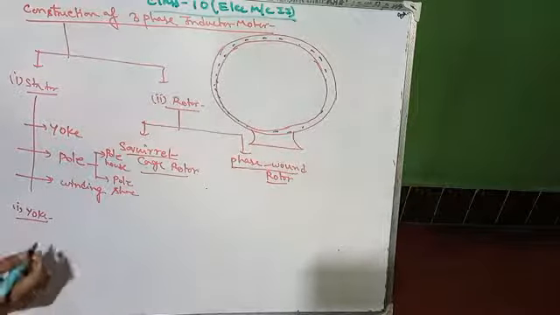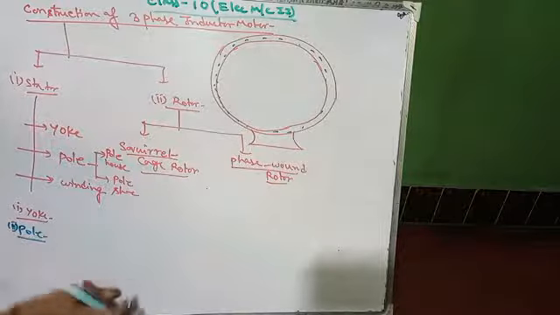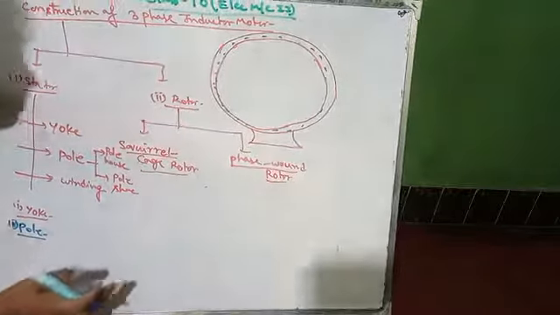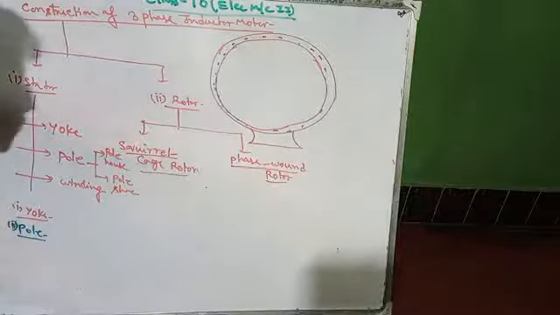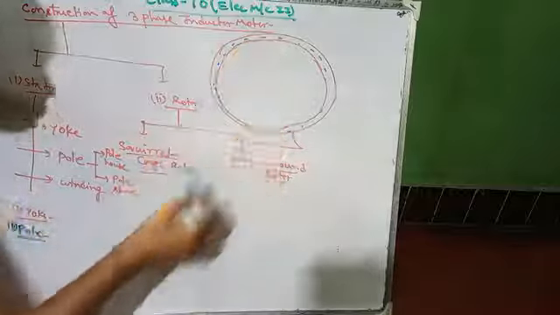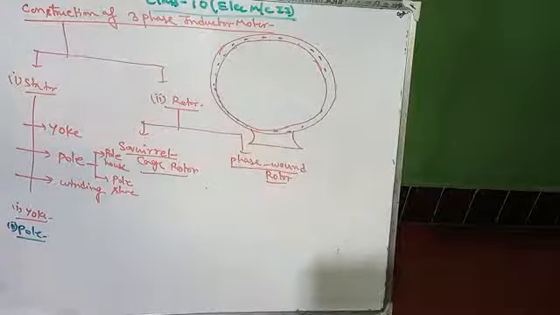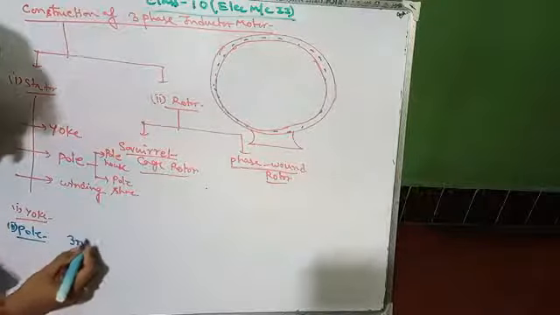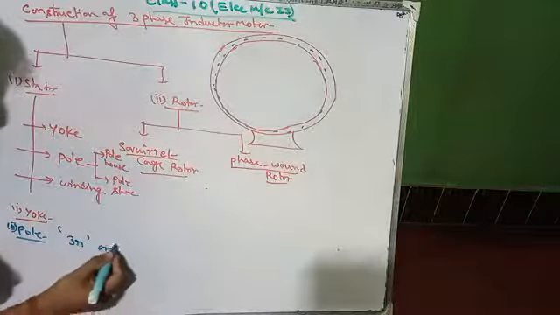So this is your yoke, and second one is pole. Over the yoke, poles are installed. As it is a three-phase induction motor, the number of poles is always in 3n order.